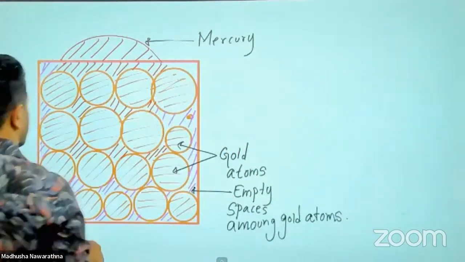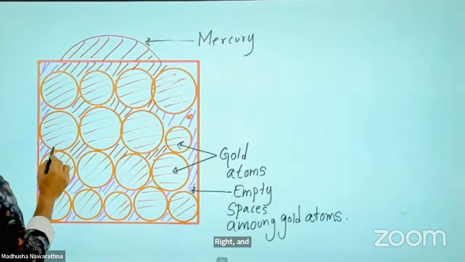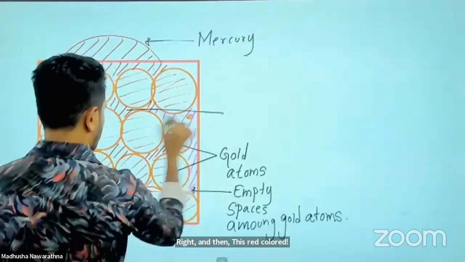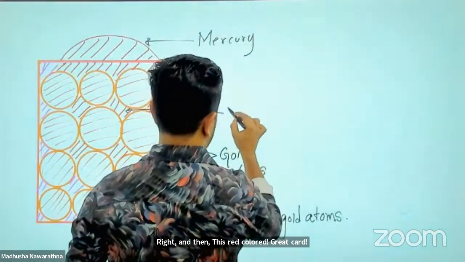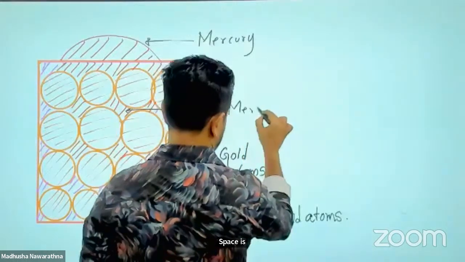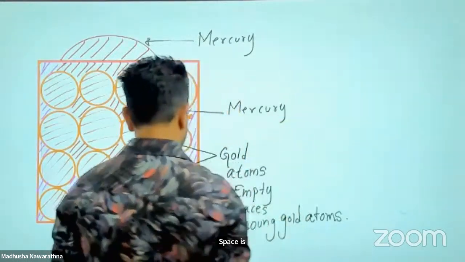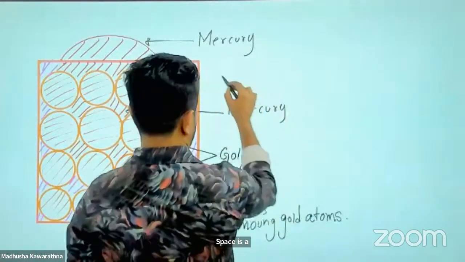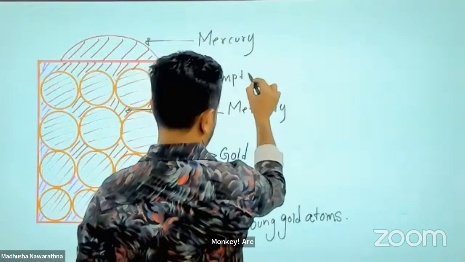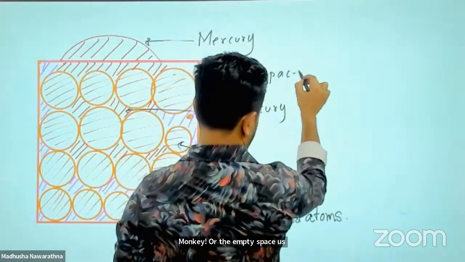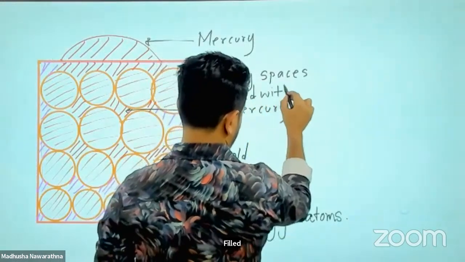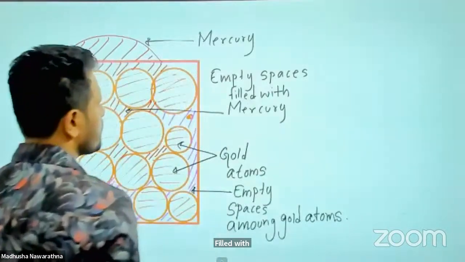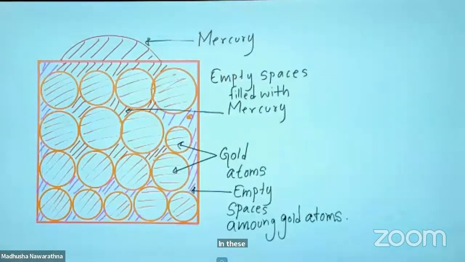Right, and then these red colored spaces are the mercury, or the empty spaces filled with mercury.